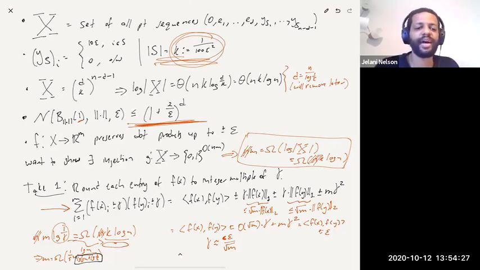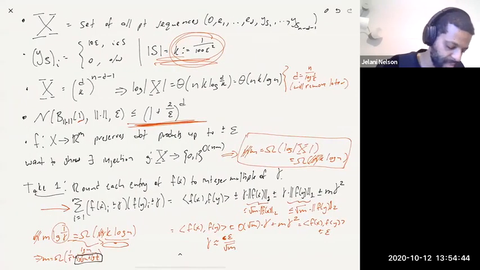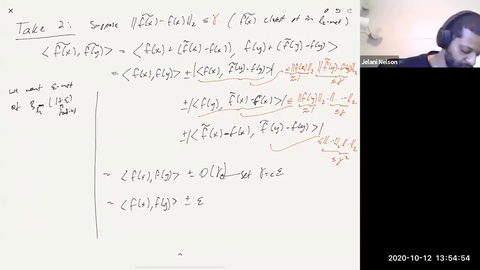Because in the scaled down version, if things are within epsilon of each other, then if you scale up everything by R, now they're within epsilon R of each other. So the fact that we're looking at the 1 plus epsilon ball just means that we should scale up this epsilon also by 1 plus epsilon. But epsilon times 1 plus epsilon is still basically epsilon.